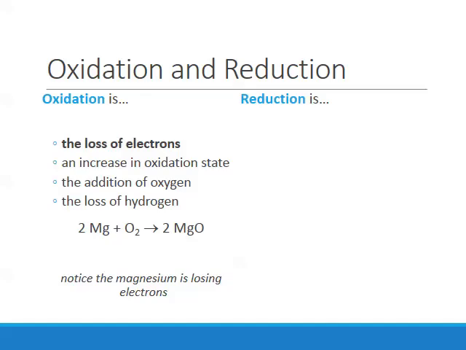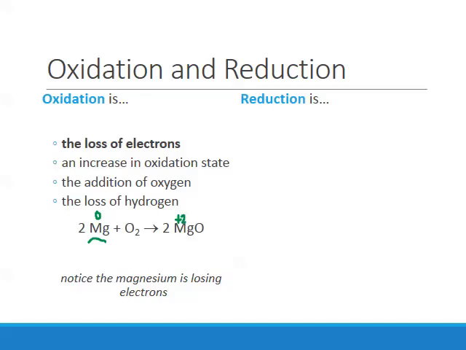So for example, if you look down below at the example reaction, the magnesium on the left starts off with no charge. It's neutral, so you might say its charge is 0. On the right, we see magnesium oxide, an ionic compound, and we know that in the ionic compound, magnesium, being an alkaline earth, has a charge of +2.